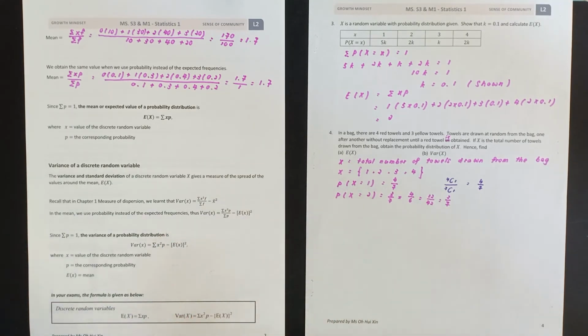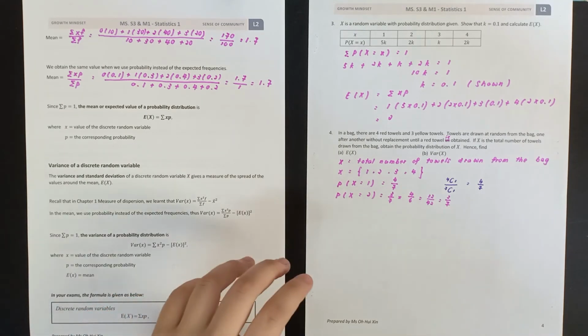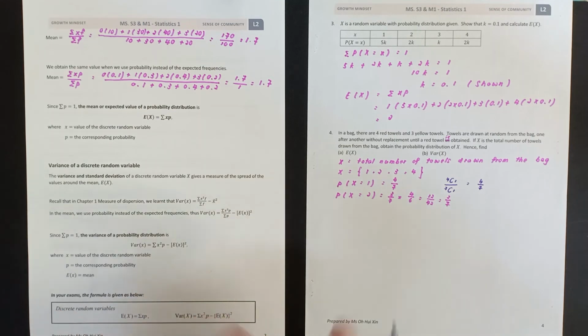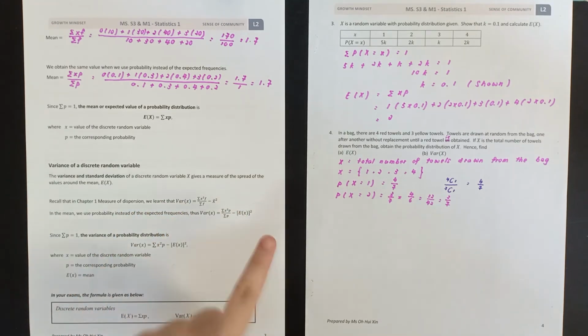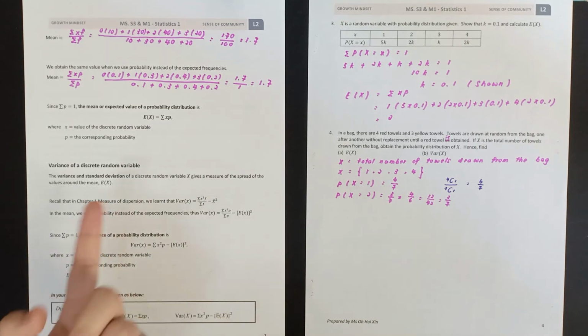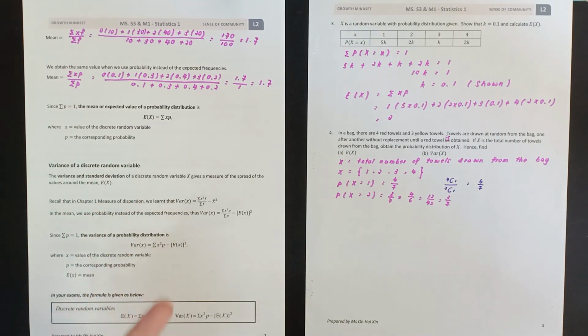So maybe you will think that you want to do the total sample space, you will try to do 7C2. Okay, but that is wrong in this case, because why? You cannot select 2 at one time, because you need to check for the first time whether you get a red tower or not. So you cannot do it like out of the 7 you are going to pick 2. It's going to be a different situation.